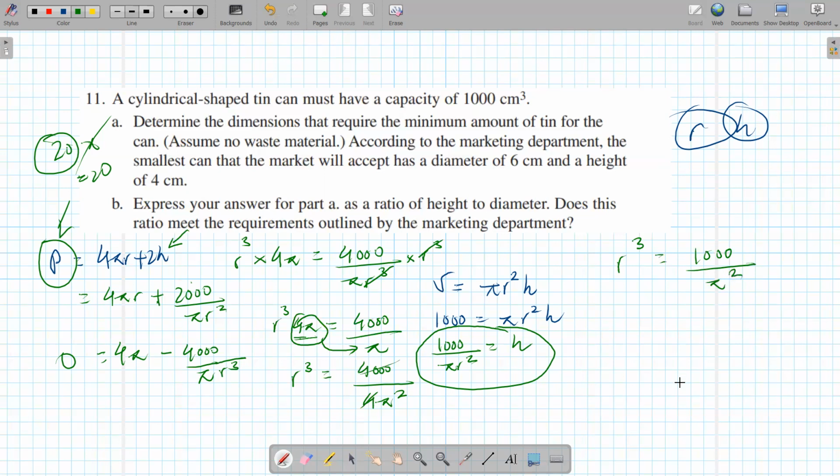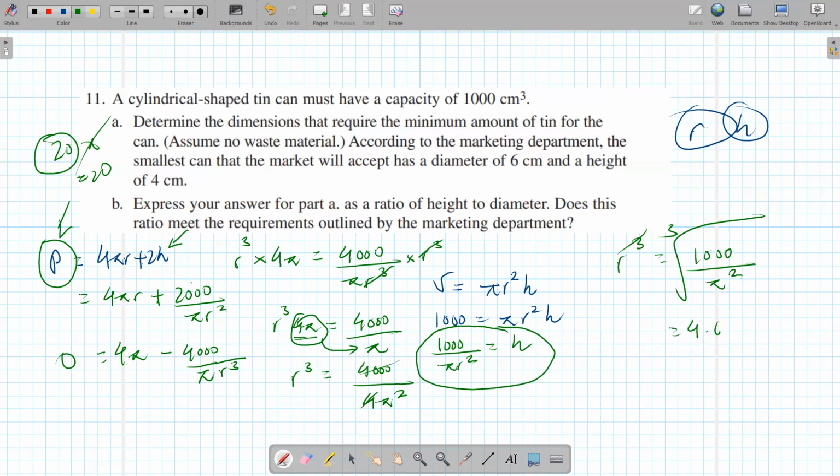Now what? We're trying to solve for r. Right now we have r cubed. You cube root both sides. Yeah, you could cube root both sides. So that's going to cancel out. It's not going to be a nice number because there's a pi, but it'll give you something.